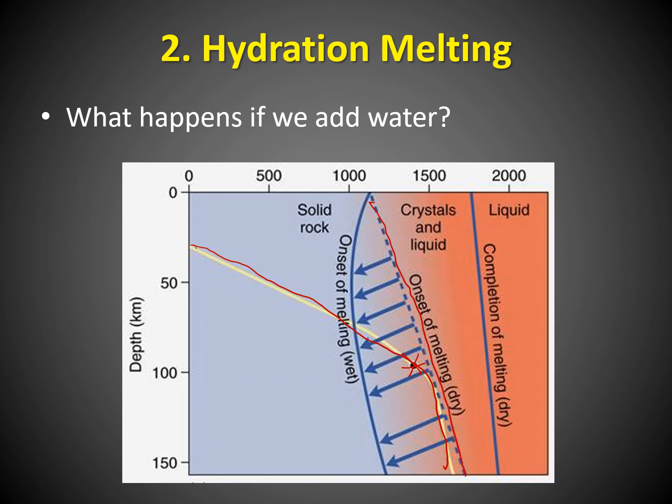You can see that it would melt, right? But if you release water into this area, you actually change the melting point of these minerals. So that increases the size of this crystals and liquid field to include all this material in here. So just by adding water, you immediately change the melting point and induce melting.